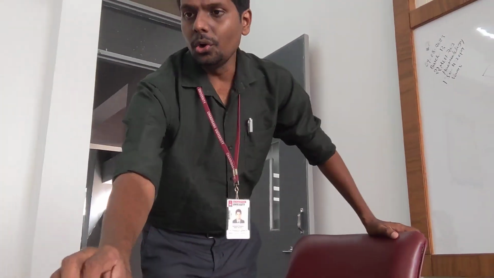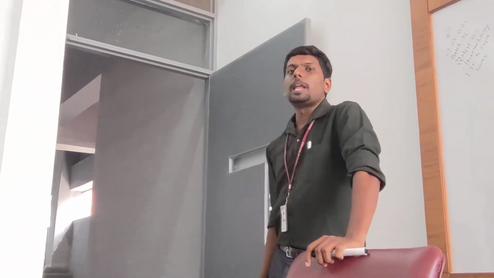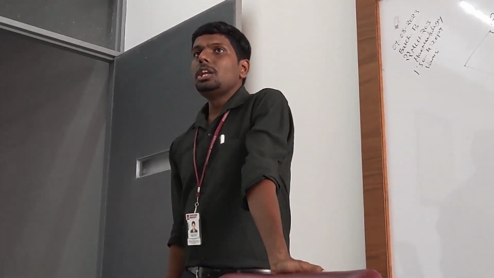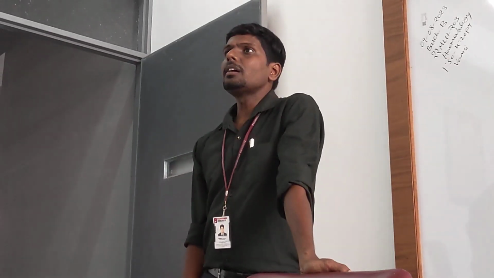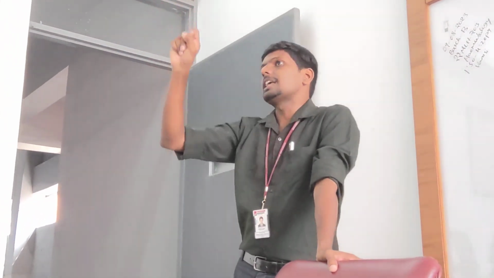Then second one, to identify various blood disorders like anemia, leukemia, thrombocytopenia, and polycythemia. Can anyone say what is polycythemia? Polycythemia, write in the bracket, increased blood cell count. Increased blood cell count is called polycythemia.